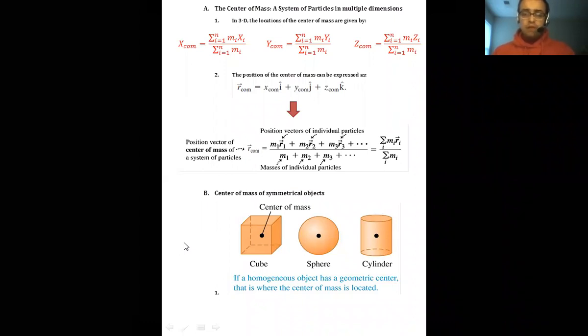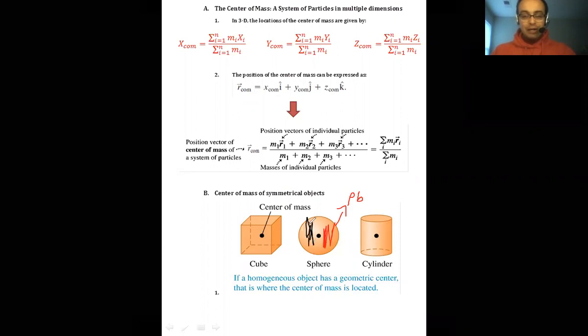Now, if you're dealing with a symmetrical object or a homogeneous object that has a geometrical center, that is where the center of mass is located. And what I mean by homogeneous object is, well, you could imagine if we're taking a look at this sphere and this side is made out of lead, and this side over here is made out of aluminum, of course the center of mass is not going to be right in the center.